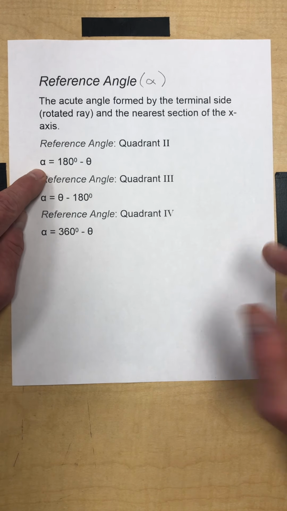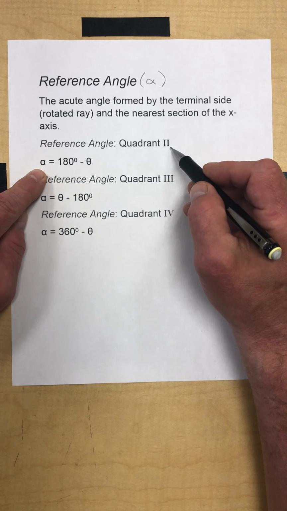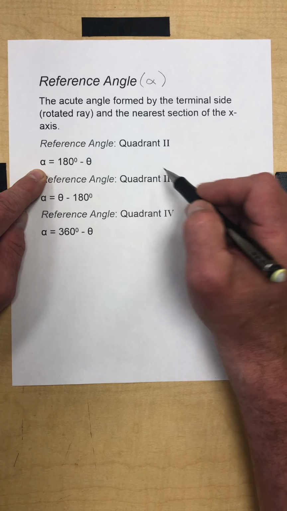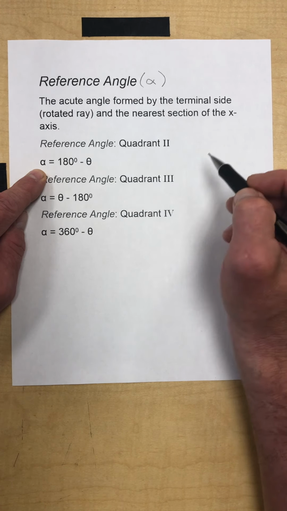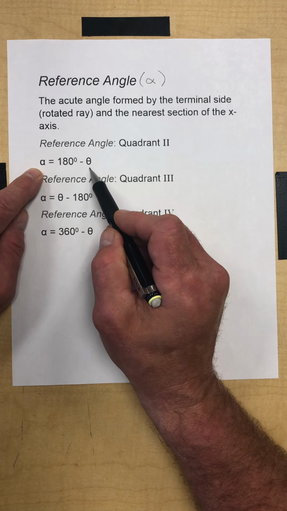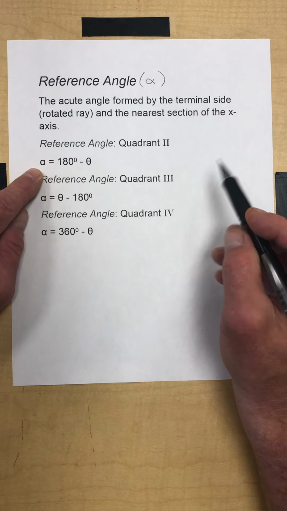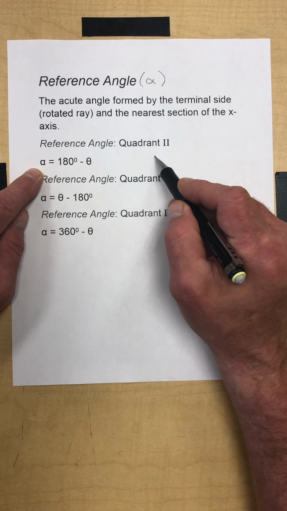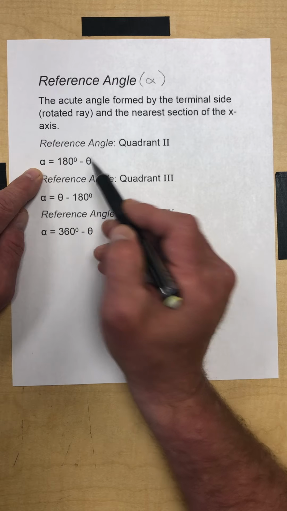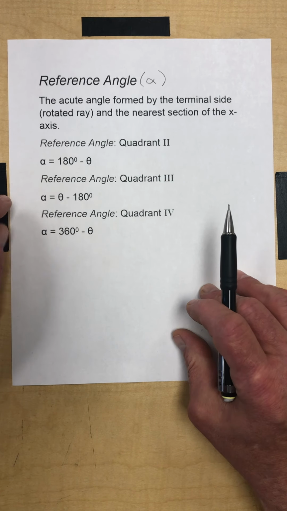So if we're in quadrant 2, so if we've rotated past 90 degrees but we haven't hit 180, your rule for your reference angle is just 180 minus whatever your angle of rotation is. So if I rotated 150 degrees, I'd have a reference angle of 180 minus 150, or 30 degrees.